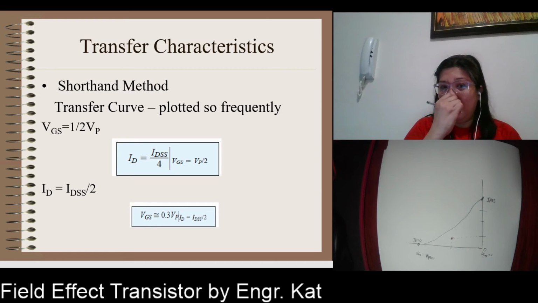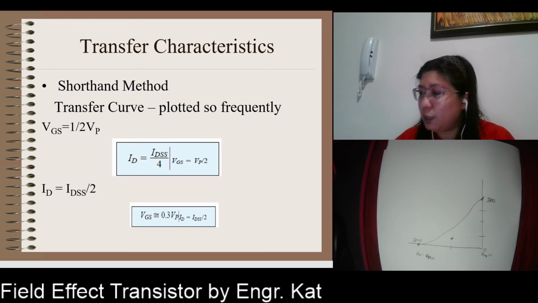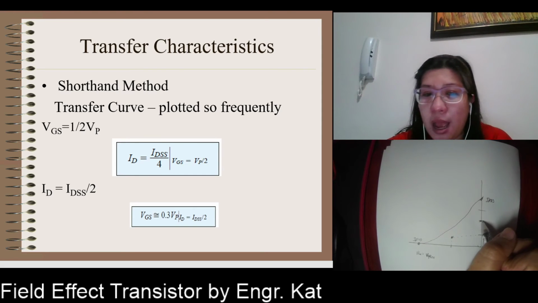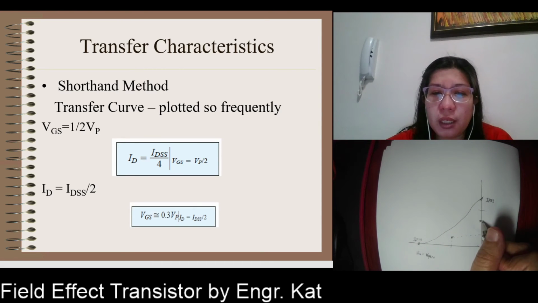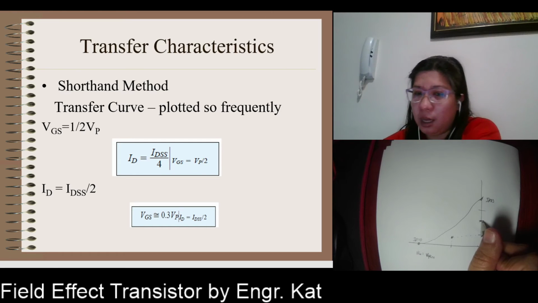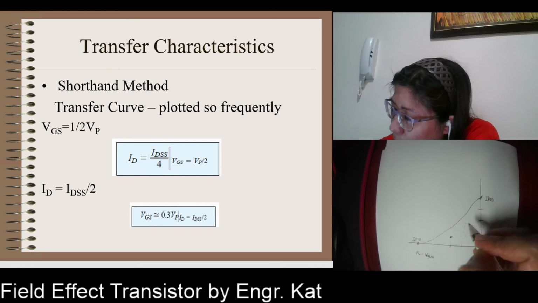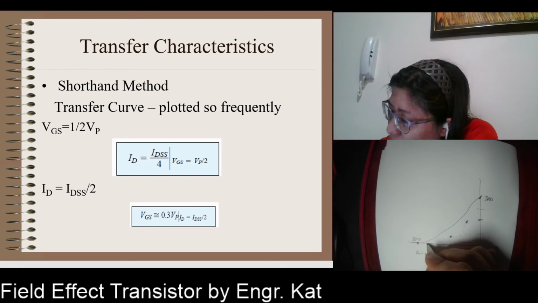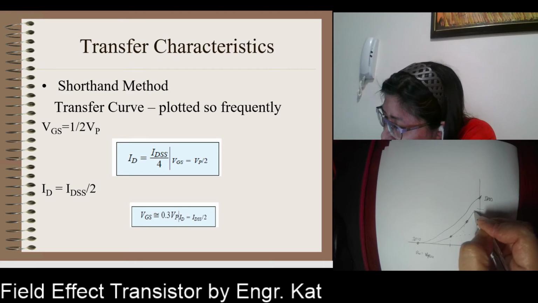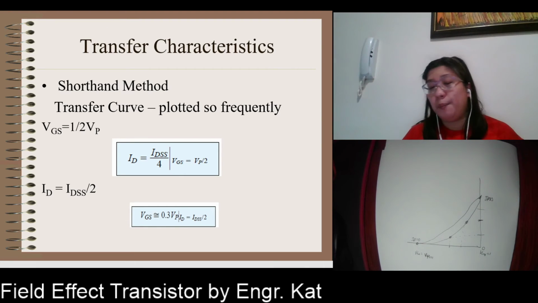Another is when your ID is 1/2 of IDSS. Your VGS is approximately equal to 0.3 of your VP. So if this is your VP, divide this by 3. So this is your 0.3 of your VP. Using these 4 points, we can draw your plot.